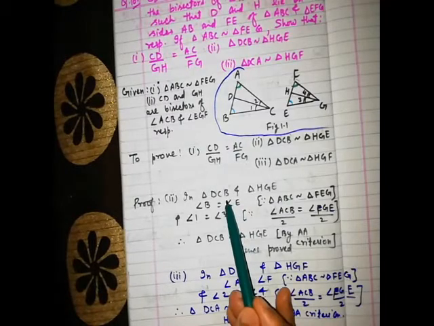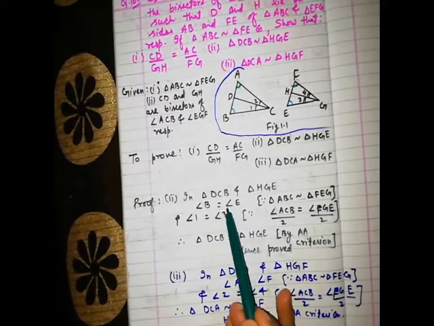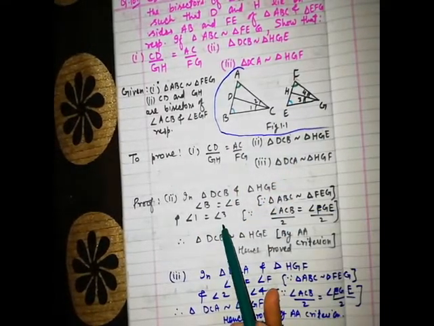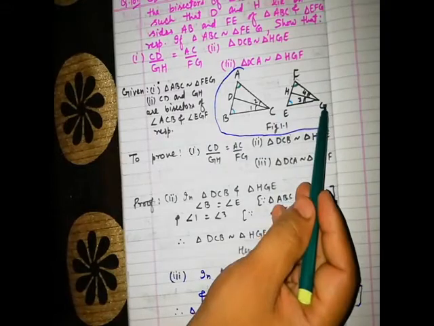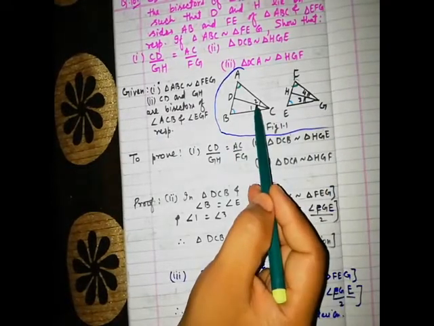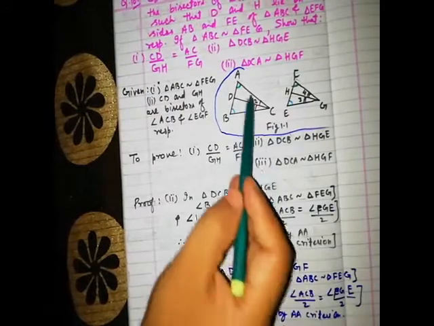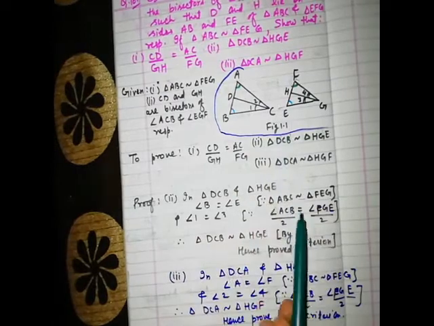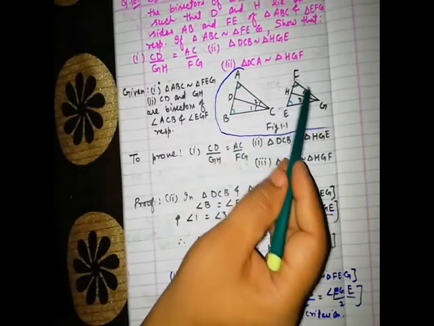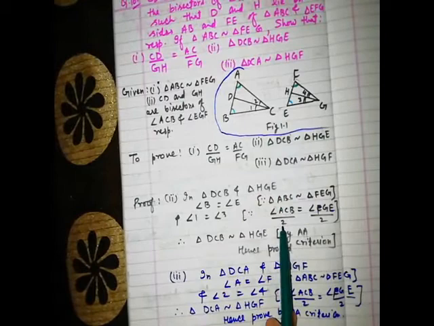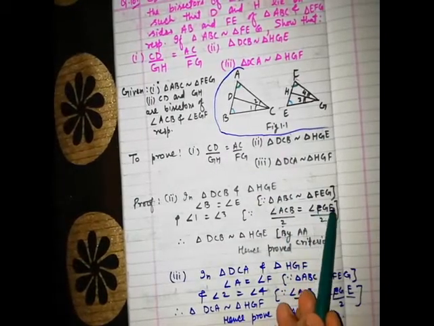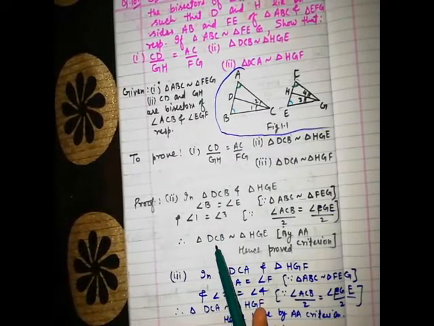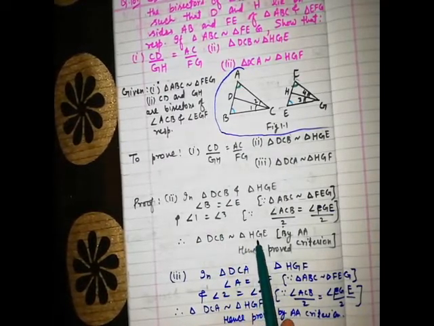So the first angle which we need we get equal here, and then angle 1 equals angle 3, because angle C is equal to angle G, and this angle 1 is half of angle ACB, and this angle 3 is half of angle FGE. So if angle ACB is equal to angle FGE, then half of angle ACB will be equal to half of angle FGE. So angle 1 is equal to angle 3. Therefore triangle DCB is similar to triangle HGE.